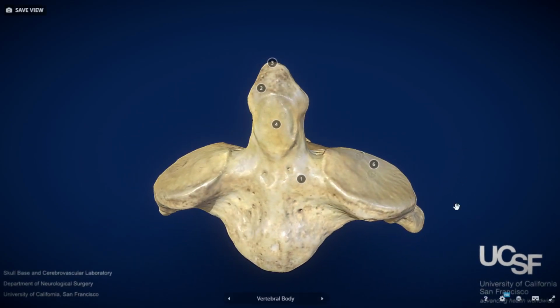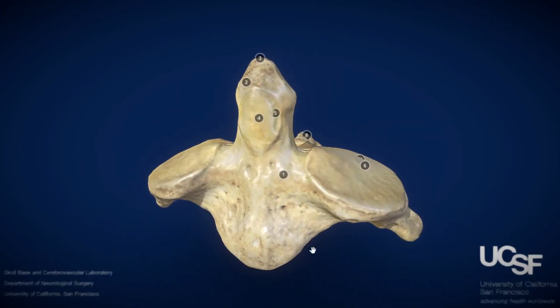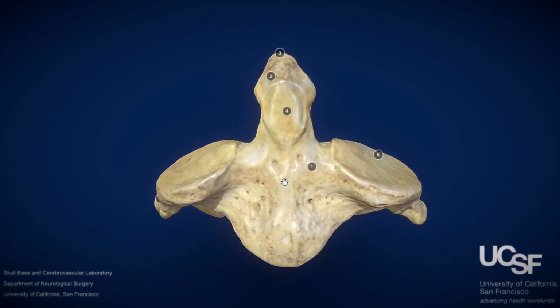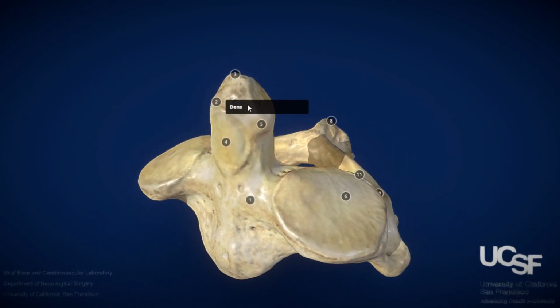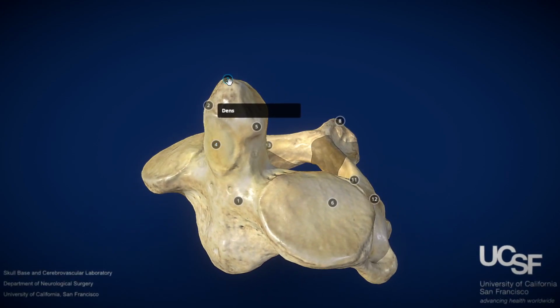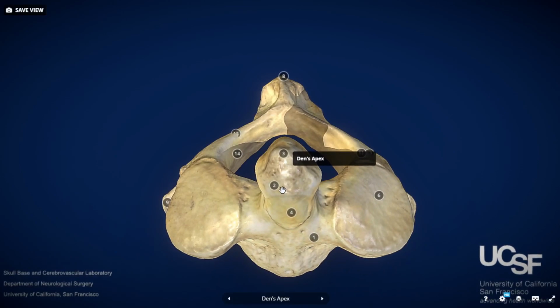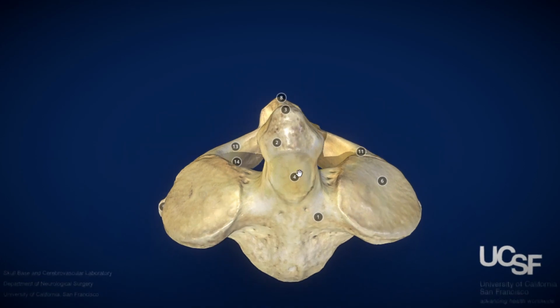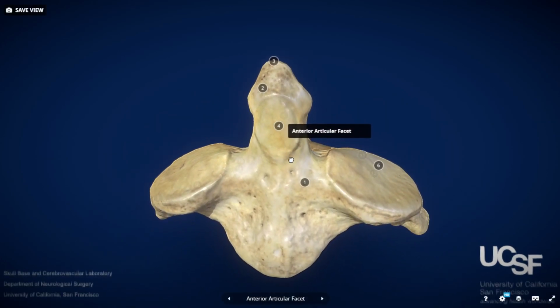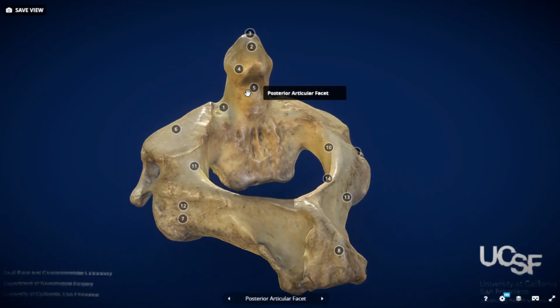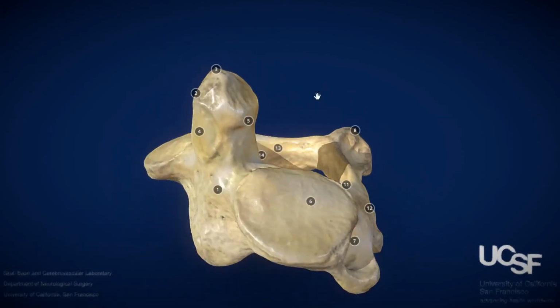The axis also has unique anatomical features. Starting anteriorly from the body, there's a superior projection named odontoid process or dens. If we move superiorly, we find the apex of the odontoid process, and if we move anteriorly, the anterior articular facet, and posteriorly, the posterior articular facet.